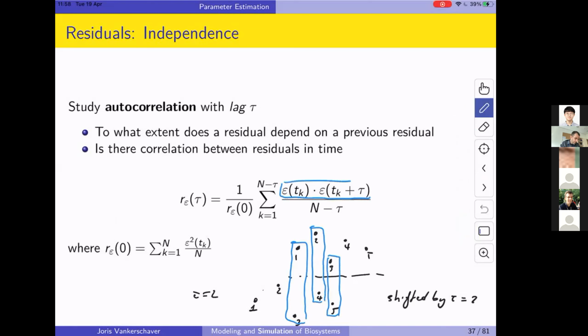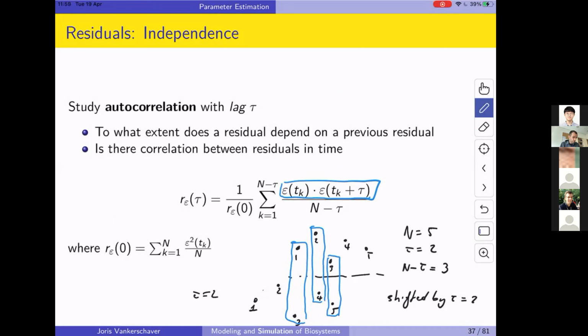And to normalize, what we do is we divide that whole thing first by the number of points that we summed over. So here n is 5 and tau is 2. So we're going to divide by n minus tau, so that's 3. And we're also going to divide by the autocorrelation R for lag 0.